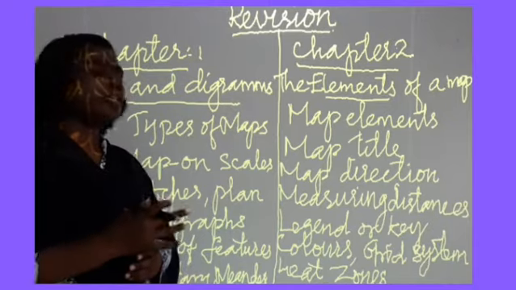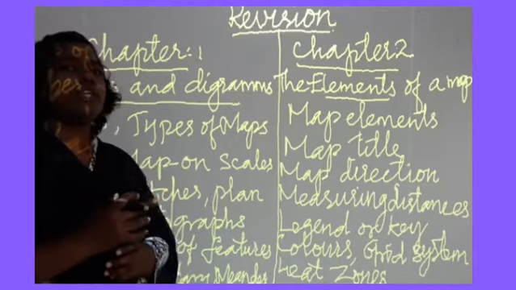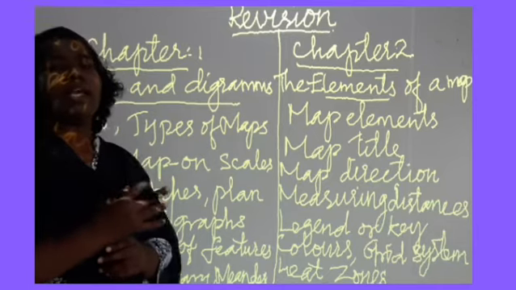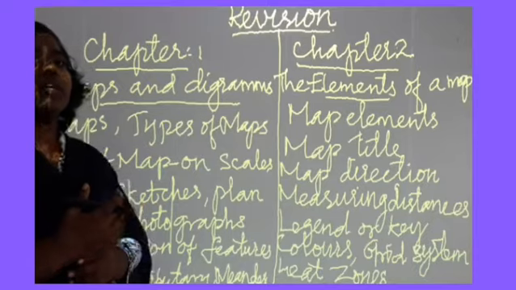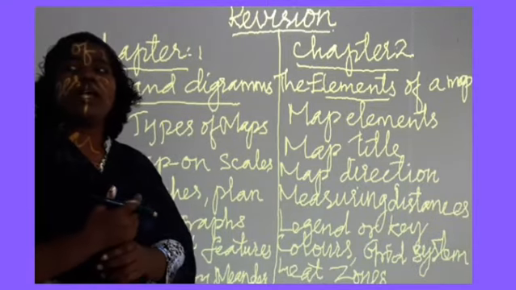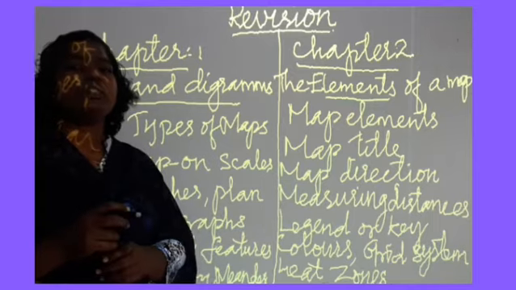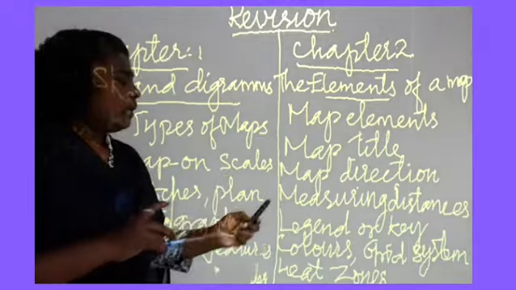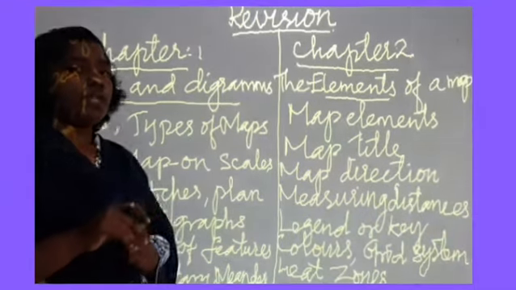How do we measure straight lines? With the help of a scale. Here we use the scale directly and calculate with it. And for measuring curved lines, there are two important methods: one is the twine method and the other is the divider method.